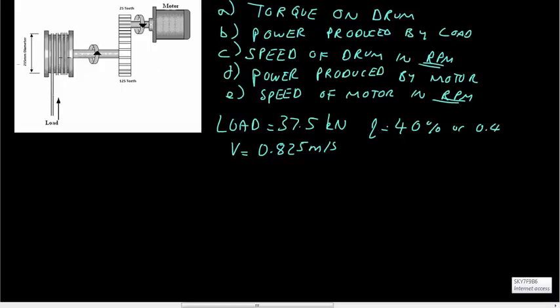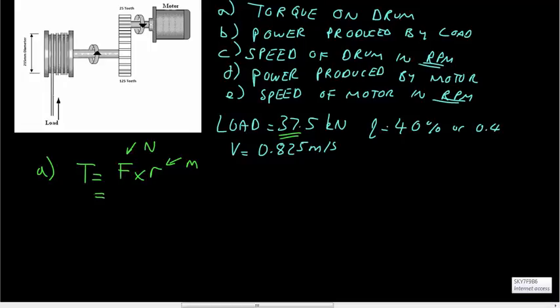Okay, so let's have a go. So part A, torque on the drum. We know torque is equal to force times radius. This force must be in newtons, and this radius, sorry, must be in meters. Okay, so what's the force? Well, we know the load is 37.5 kilonewtons. The radius of the drum will be simply that diameter divided by 2.